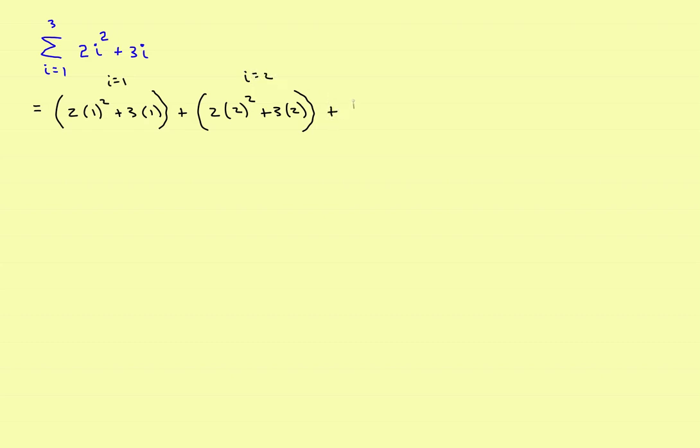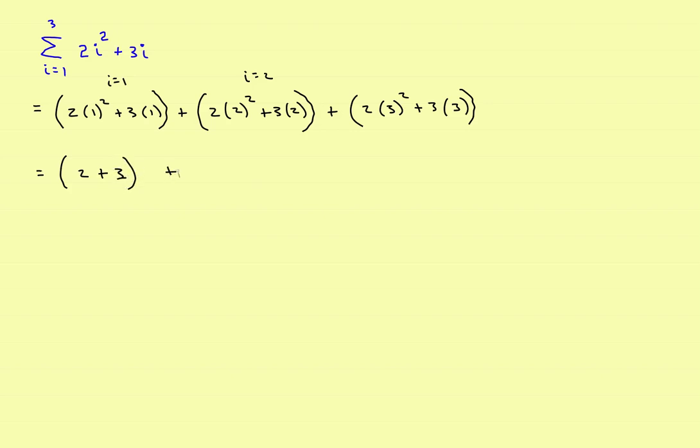And then finally, add a third term in there. So 2 times 3 squared plus 3 times 3. So everywhere you've got an I, plug in whatever the term is at this time. Now what this one's going to be, this would be 2 plus 3. So this will turn into a 2 plus 3.